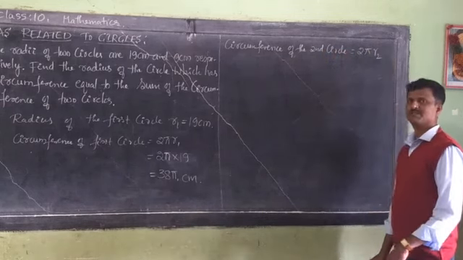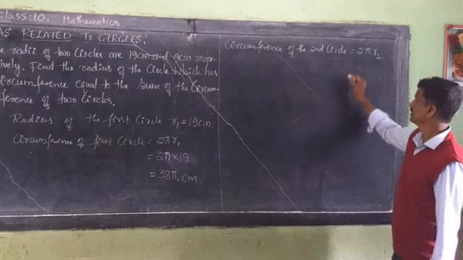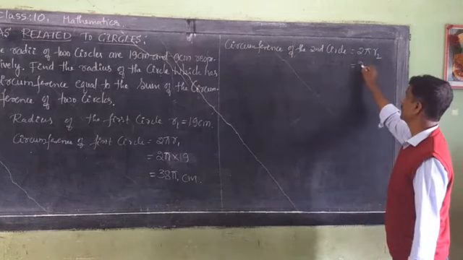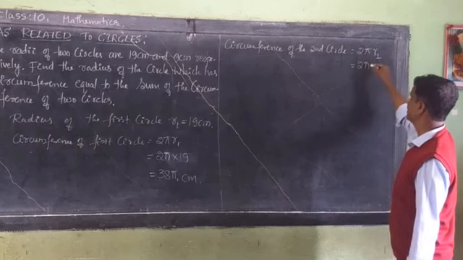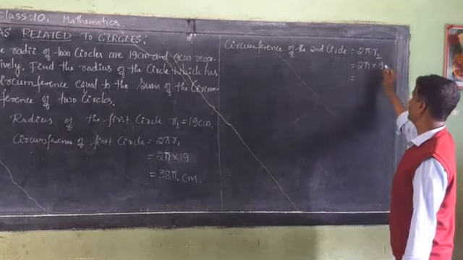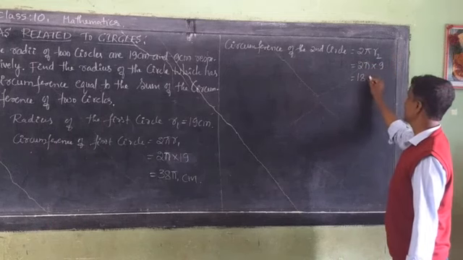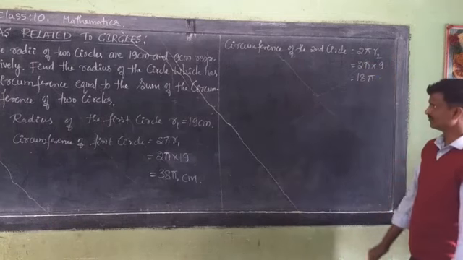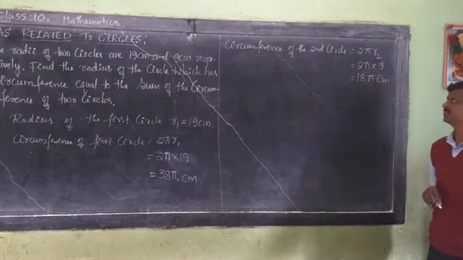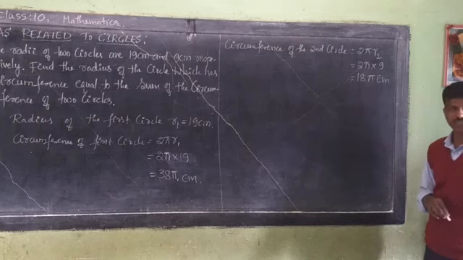R2 is the radius of the second circle. What is the radius of the second circle? They gave 9 centimeter. That is 2 pi into 9. 2 9s are 18. 18 pi centimeter. Therefore, circumference of the second circle is 18 pi centimeter.